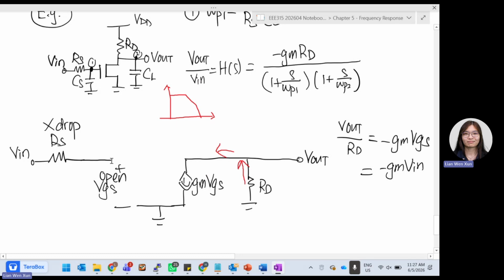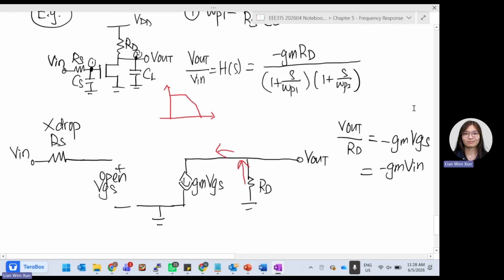At the left-hand side, usually we straight away write Vin. But now we have to write RS first, and then Vin. Then we check what is happening. Okay, so we can say the current is negative Vout over RD. The current that goes down is supposed to equal negative GM VGS.